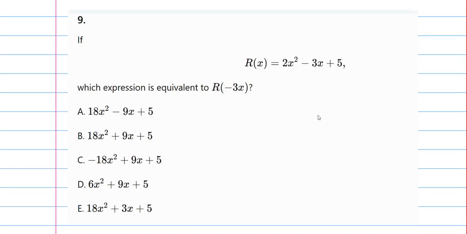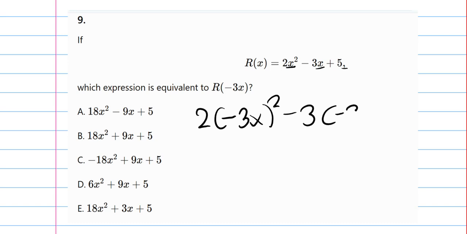And here we just plug it in. That's all you need to know. If r of x is equal to 2x squared minus 3x plus 5, which expression is equivalent to r of negative 3x? So substitute every single x here. So 2 times negative 3x squared minus 3 times negative 3x plus 5.